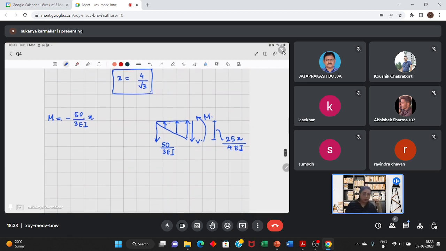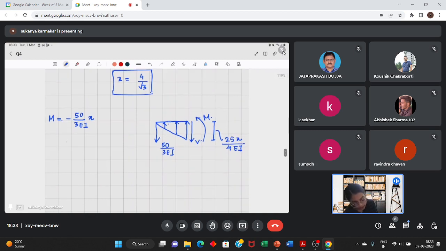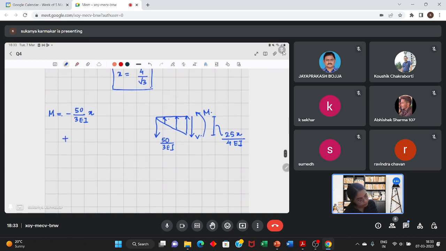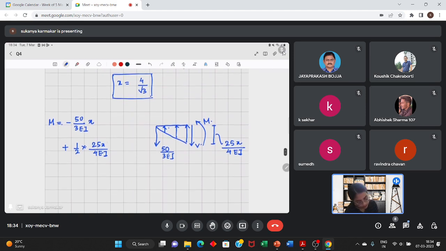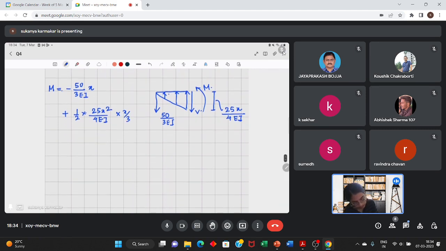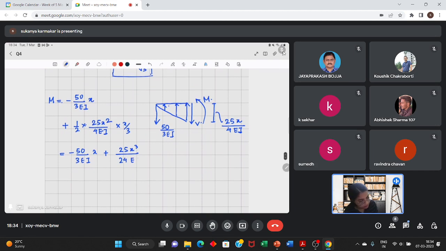The triangular load, the UVL, being in the vertically upward direction, creates a sagging moment. So half into height is 25x by 4 EI into base, again it's x, so x squared into x by 3. Let's write it in a simplified form: 50 by 3 EI into x plus 25 x cube by 24 EI.